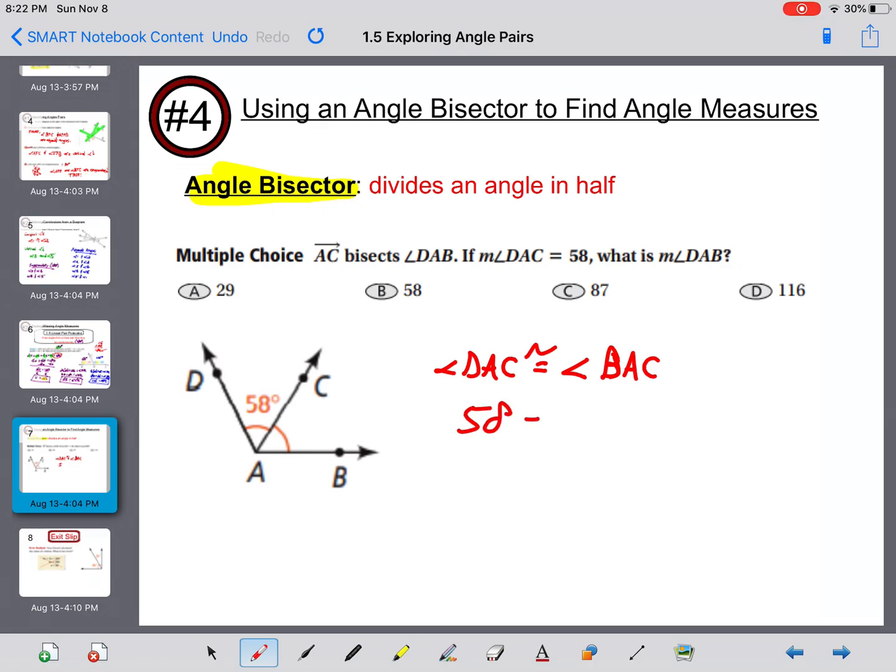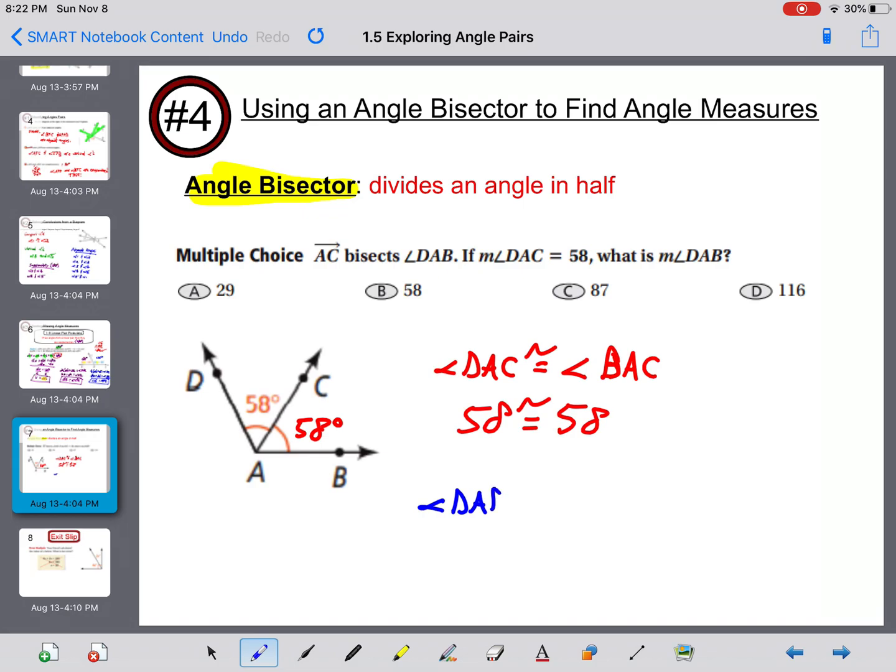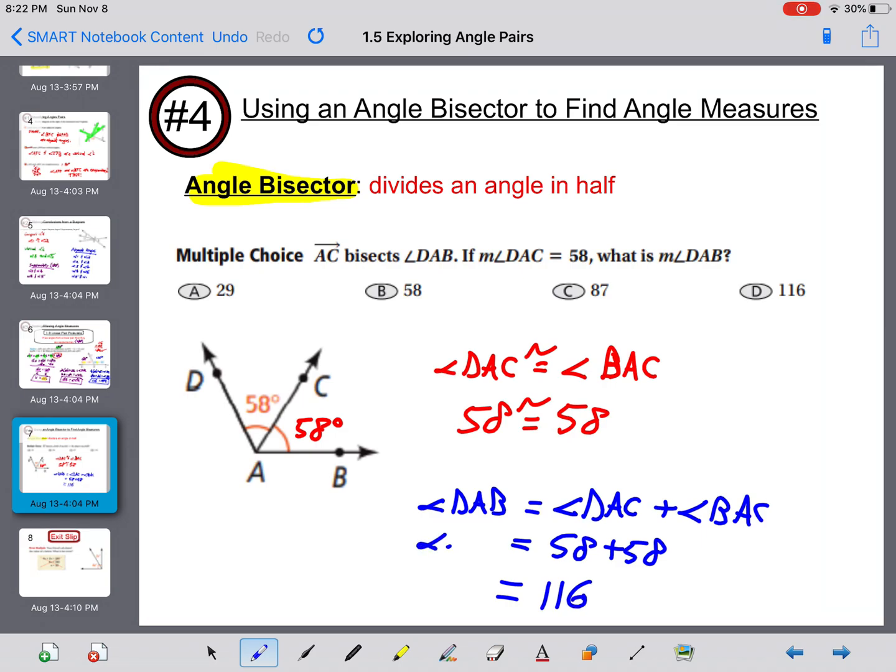So 58 is going to be congruent to 58. So angle BAC is 58 degrees, which means the measure of angle DAB is equal to angle DAC plus angle BAC, which is really just 58 plus 58, which is 116. So angle DAB equals 116, choice D.